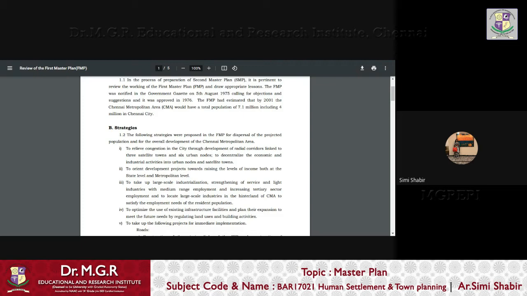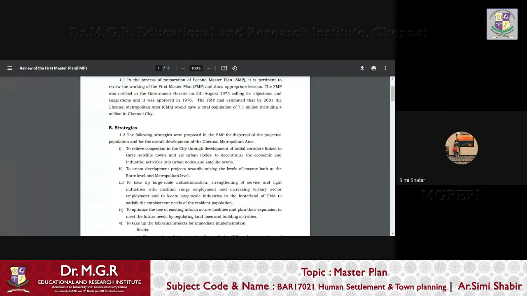Then the strategy that was proposed was to orient the development projects towards raising the levels of income both at the state and the metropolitan level. That is to increase the level of income for entire Tamil Nadu and also for the CMA.